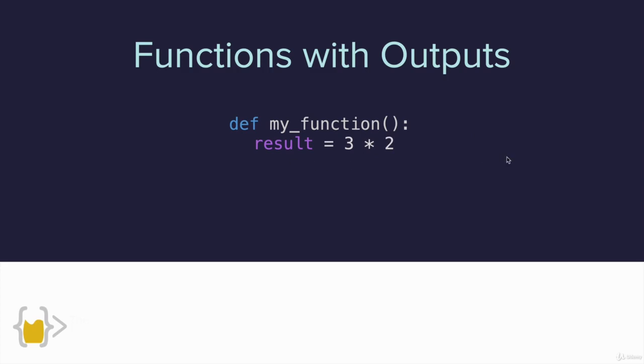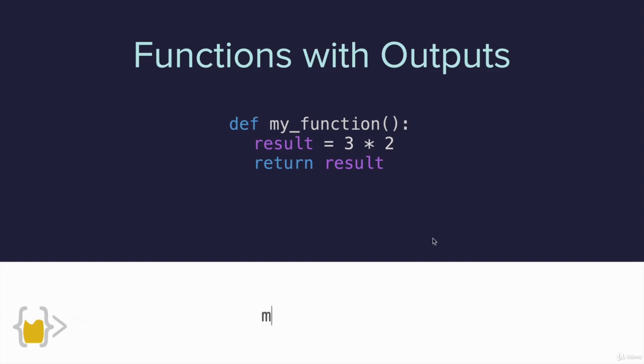Once that's done, I can use the output keyword, which is return, and after that keyword I can put whatever it is I want to be the output of this function. In this case, the output is the result.